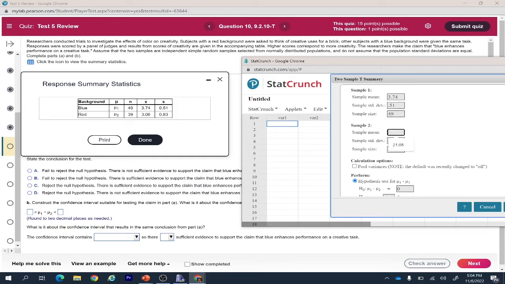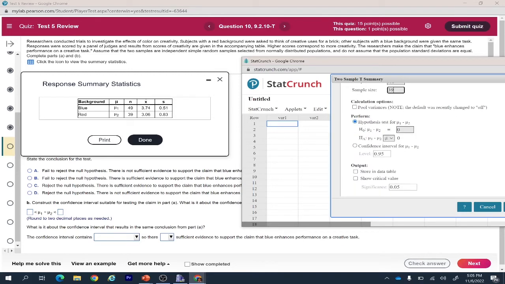For the second sample, the sample mean is 3.06, the sample standard deviation is 0.83, and the sample size is 39.